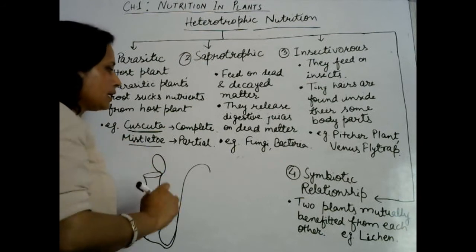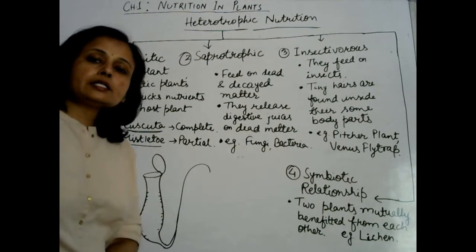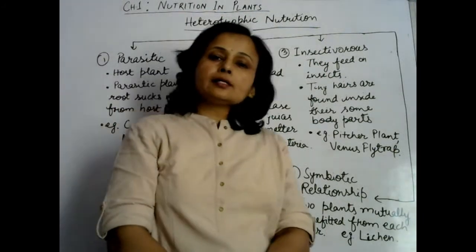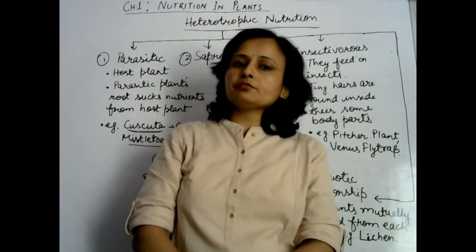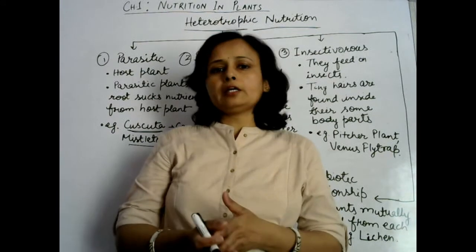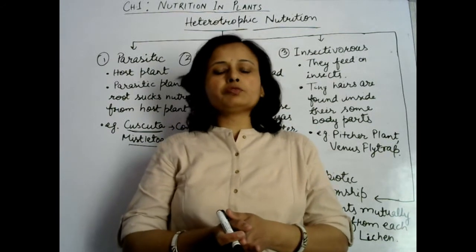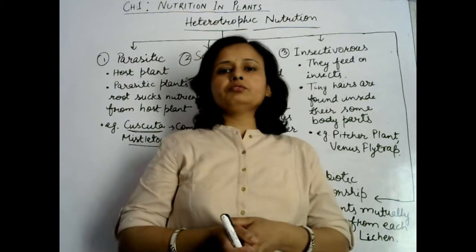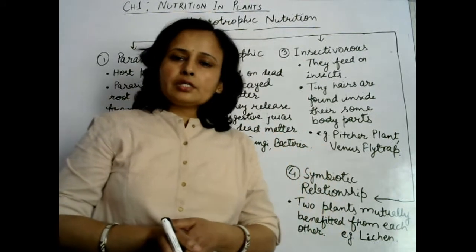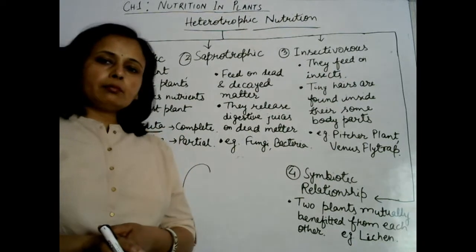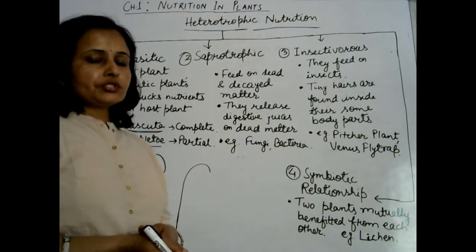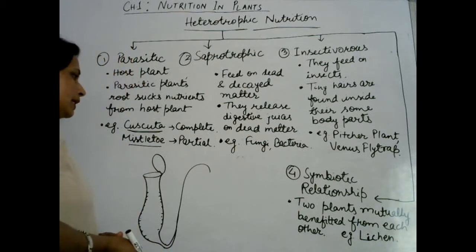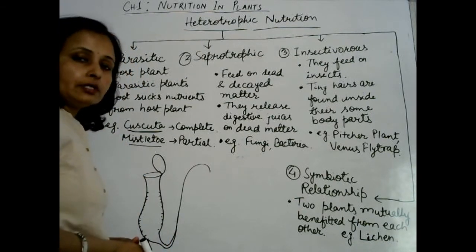Cuscuta is a complete parasite because it is not having chlorophyll. It is usually found in a tangle wrapped around the stem of some green host plant, and it absorbs or sucks nutrients from that host plant only.